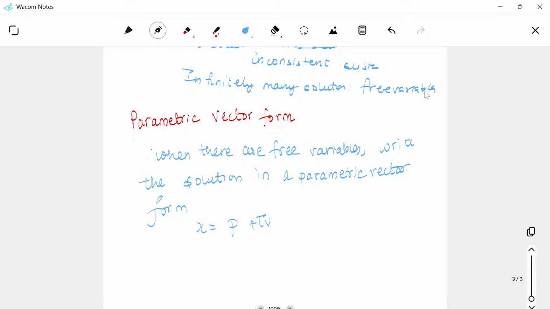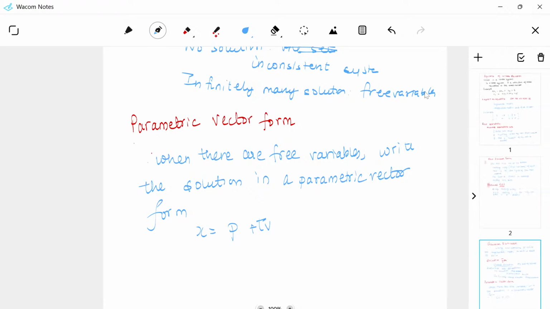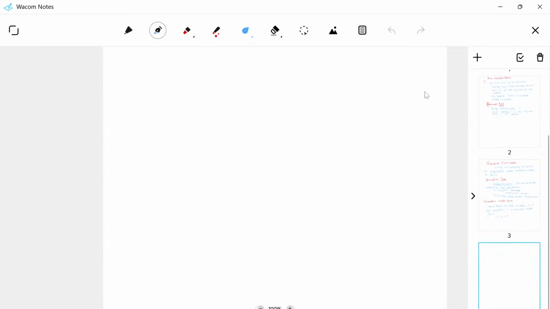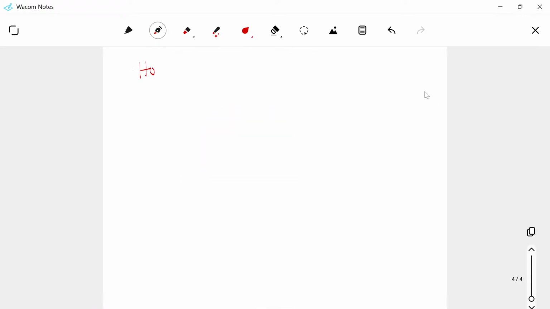Then you have the homogeneous system. The form is the matrix A multiplied by x is equal to 0.